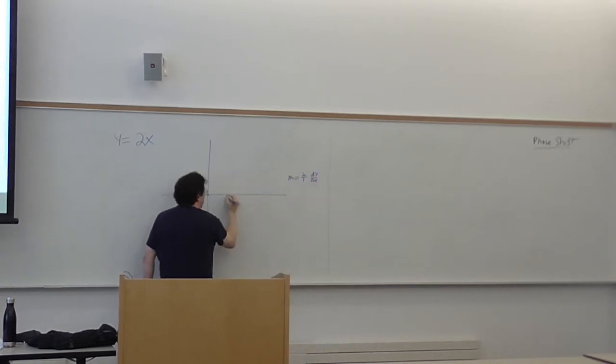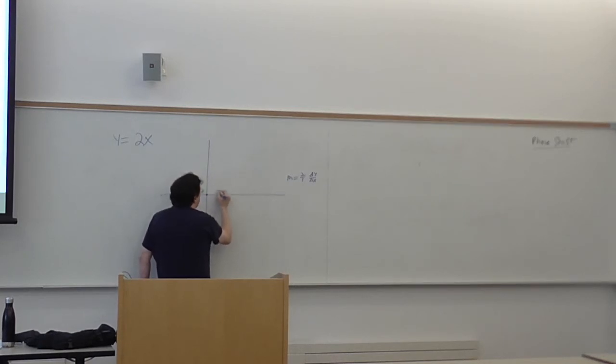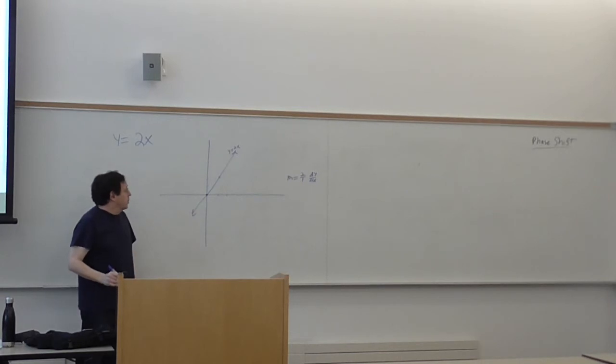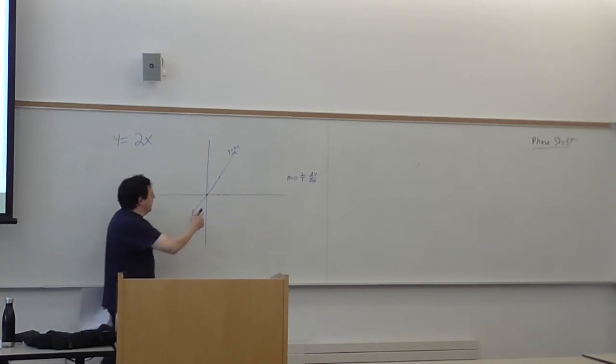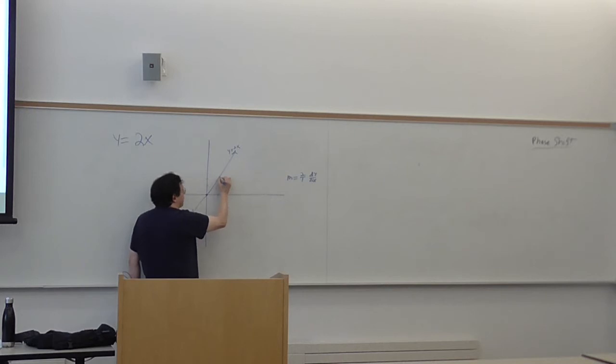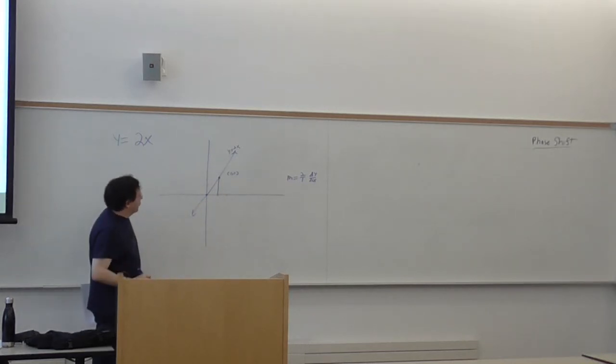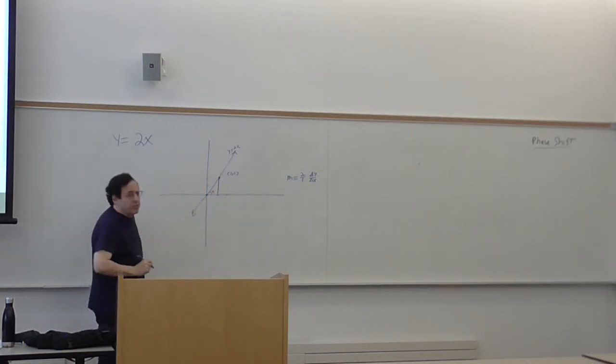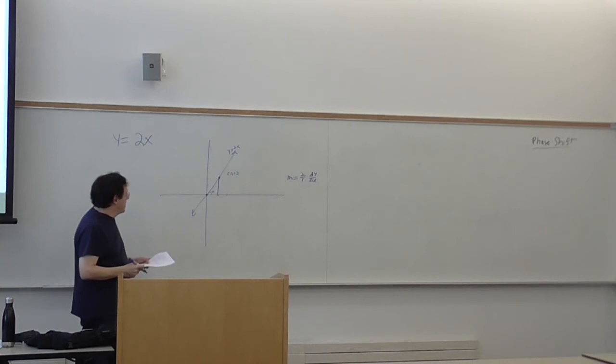So I just have to pick a point, 1, 2. Okay, there's my y equals 2x. If I pick any point on this line, I'll pick 1, 2, it's easy, and I draw an altitude down, I have a nice triangle here, and I have an angle theta.